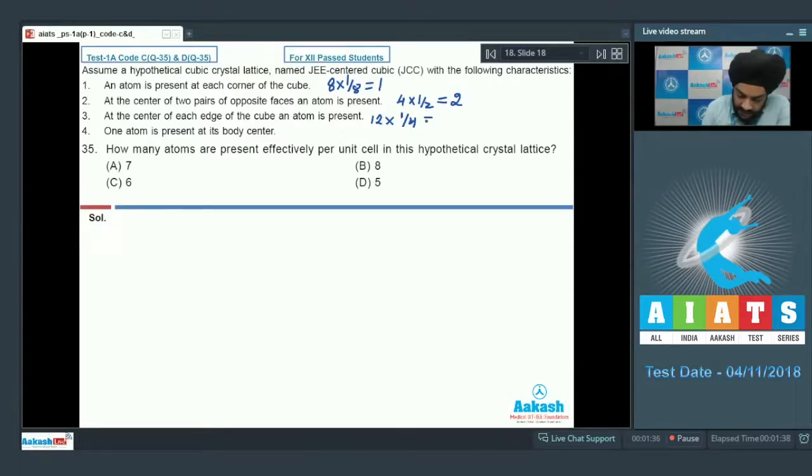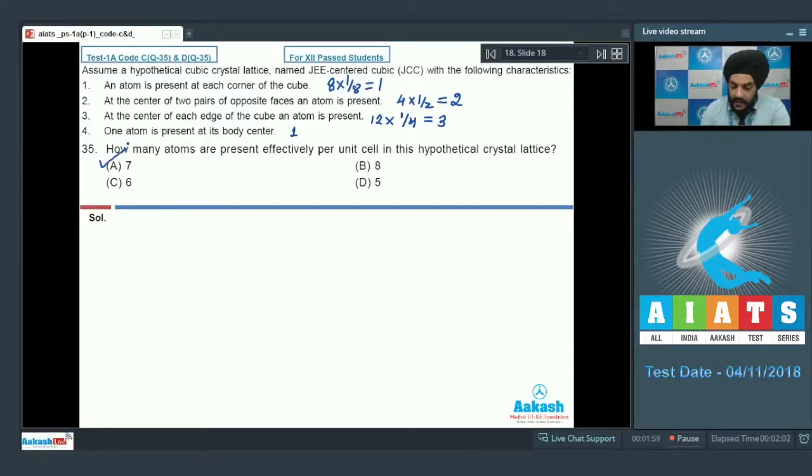So that contributes another 3 atoms. An atom is present at its body center, which is 1 itself. So the examiner is interested in knowing how many atoms are effectively present per unit cell in this hypothetical crystal lattice. So that is 7. So the answer which we have to mark for this question is option A.